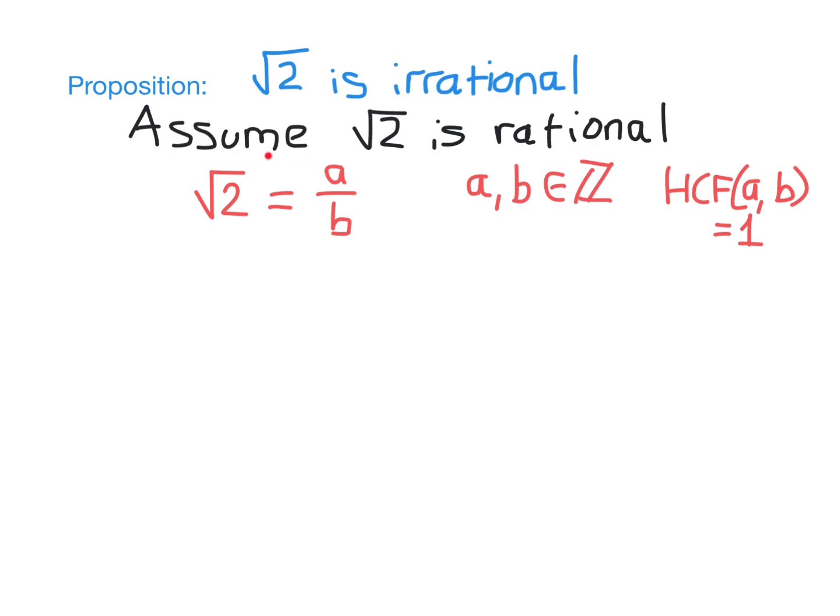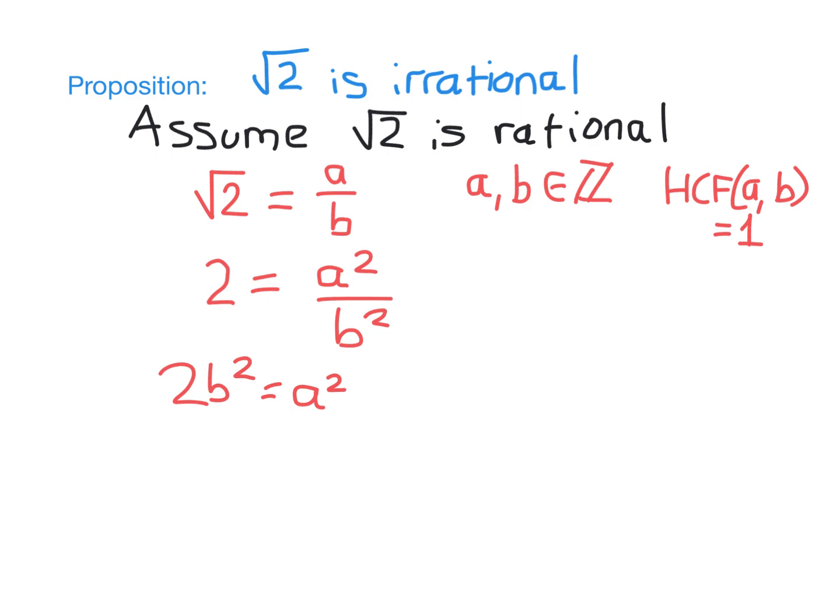So let's play around with this and see what happens. Just to make things easier, I might get rid of the square root. I'm going to square each side. If you square root 2, you obviously get 2, and then I'll get a squared over b squared. If I multiply each side by b squared, I get 2b squared equals a squared.